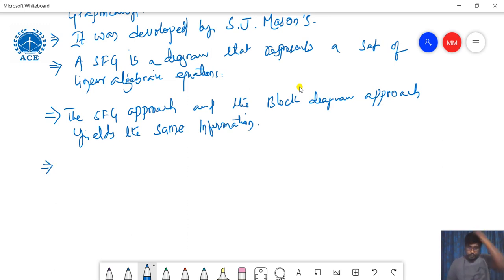So what is the advantage? Already given: by using the signal flow graph method, we have Mason's gain formula. By using Mason's gain formula, we can compute the overall gain of the control system easily, which makes this method simpler than the block diagram reduction technique. We'll write this also.